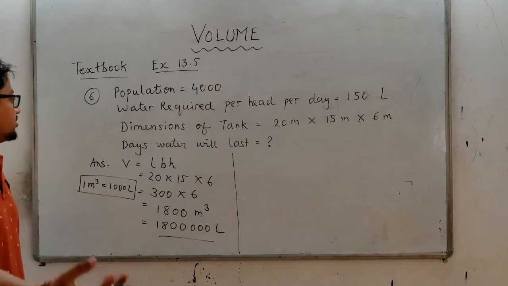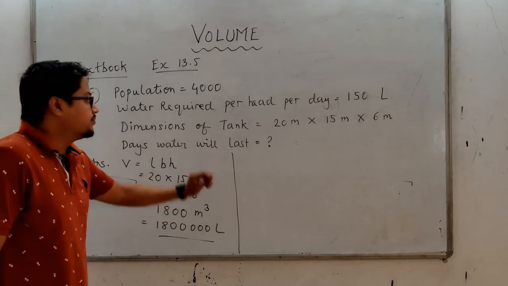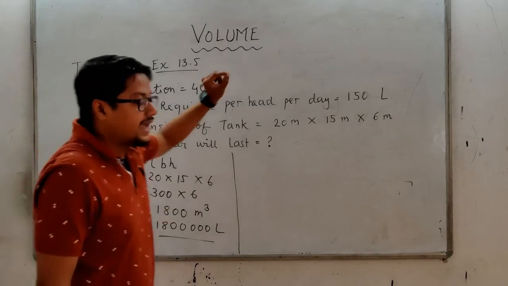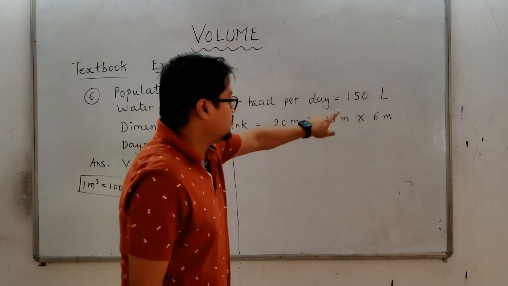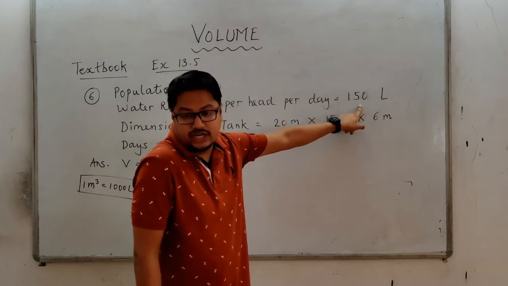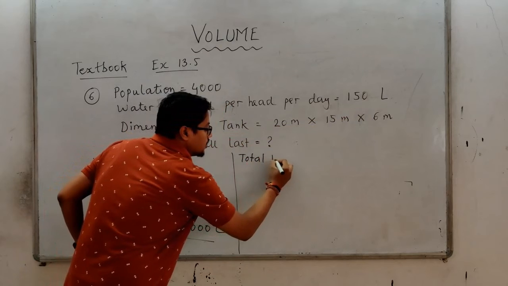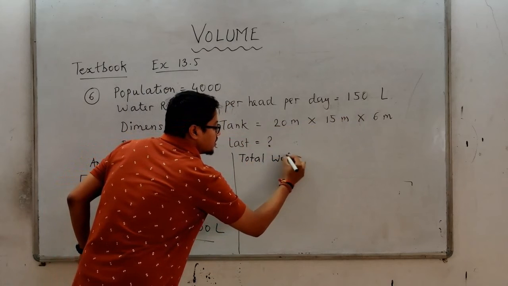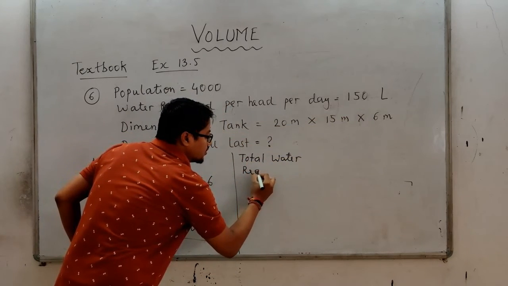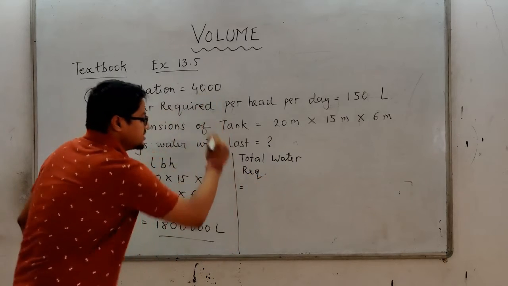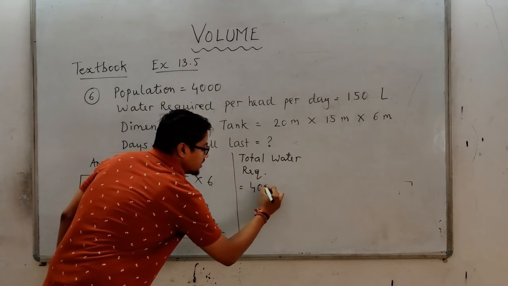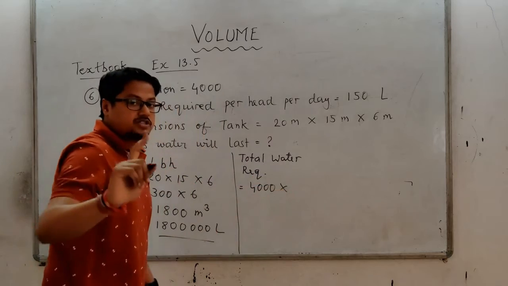Now for the second part of the question, we are told that there are 4000 people and each day each person requires 150 liters of water. So total water required: what was the entire population of the village? That was 4000. And how much water does each person require per day?